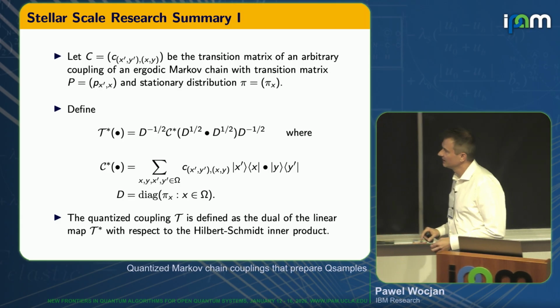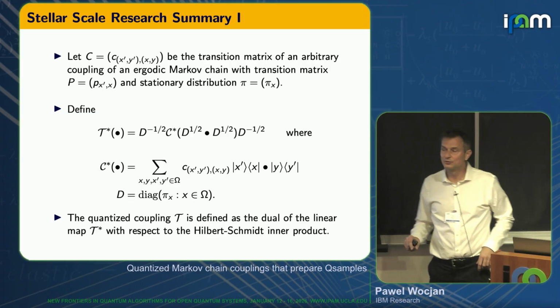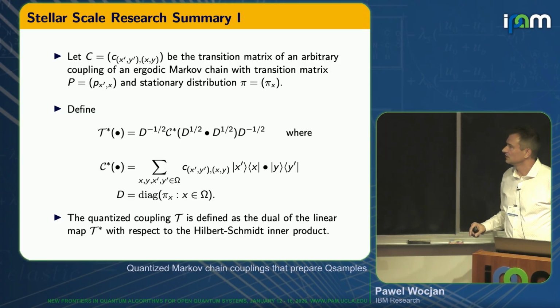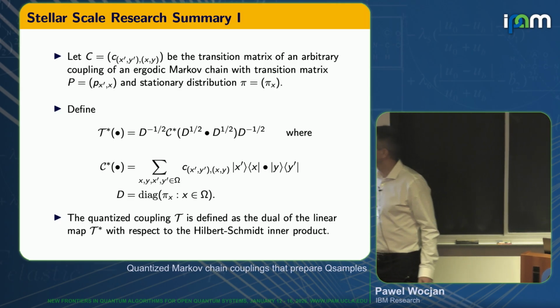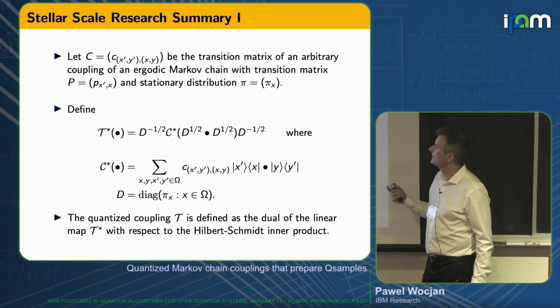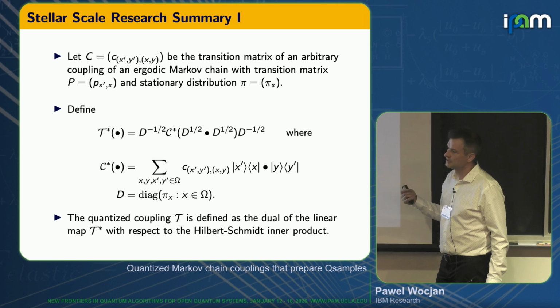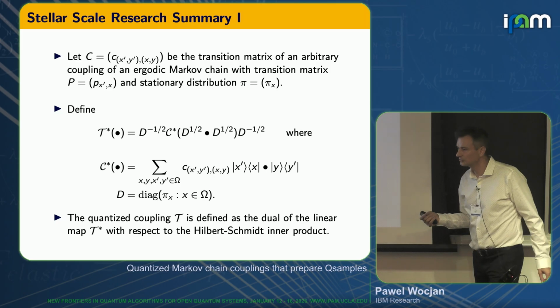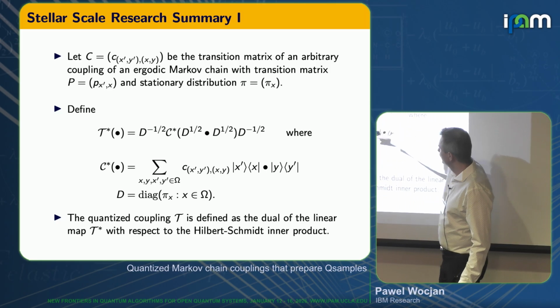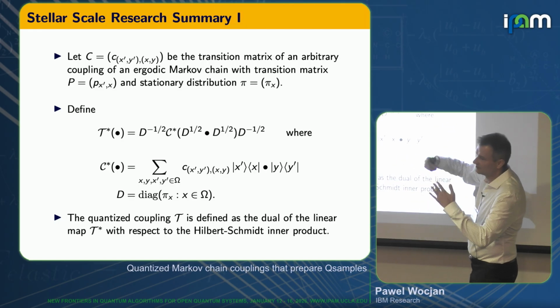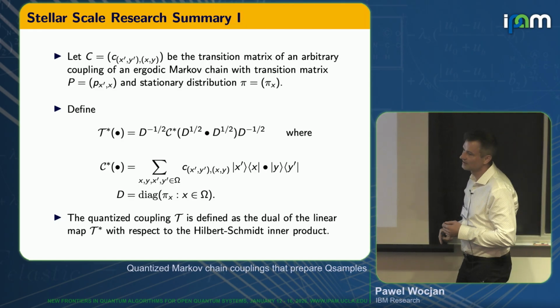One thing I wanted to mention is that, for example, when you have the Gibbs distribution, you always have this issue with the partition function, which is really hard to compute. But the nice thing is that because here we have the inverse, the two partition functions cancel each other out.